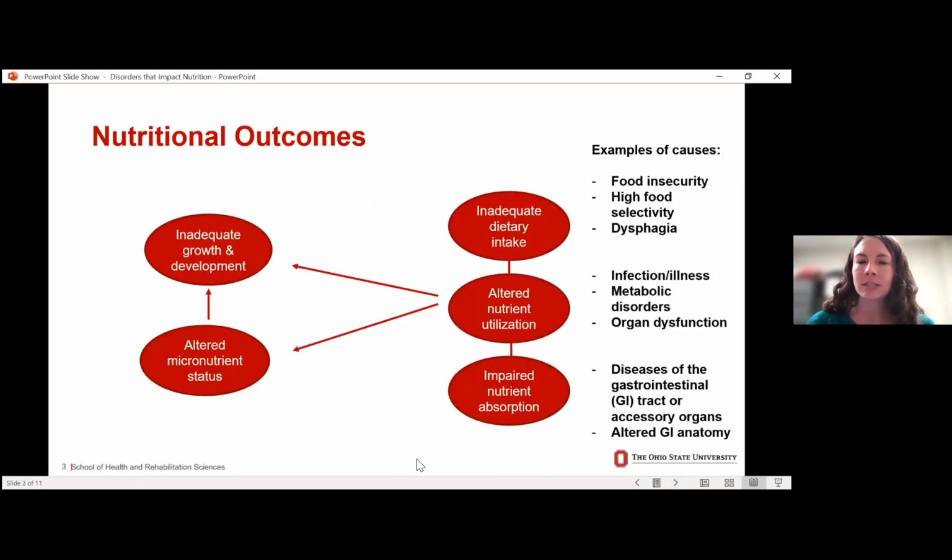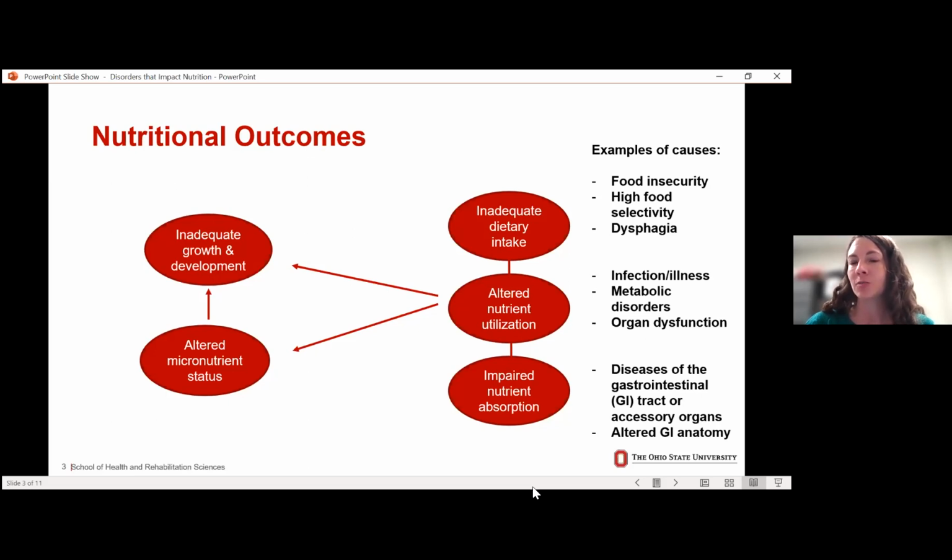So first of all, just to look at this on more of a broader scale, there can be a lot of different etiologies by which nutrition status can be influenced. For example, inadequate dietary intake: the person's just not able to eat enough calories, enough protein to meet their nutritional needs.